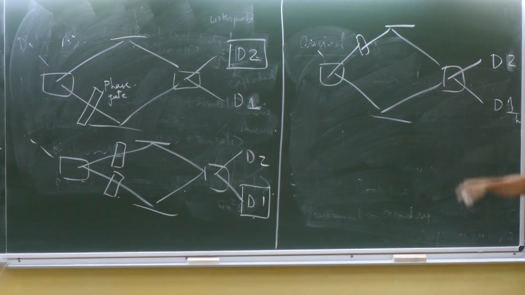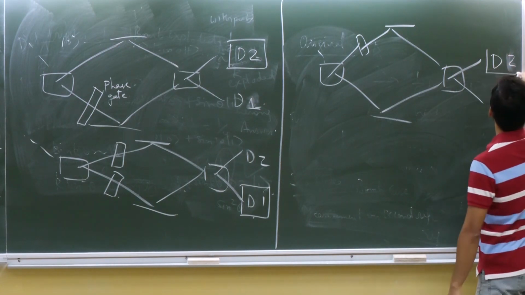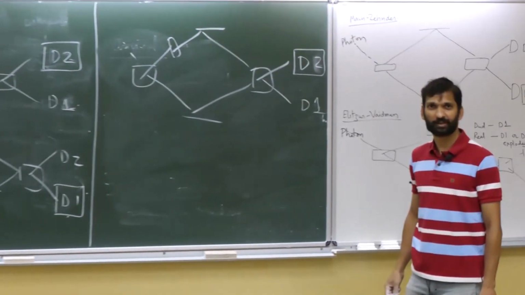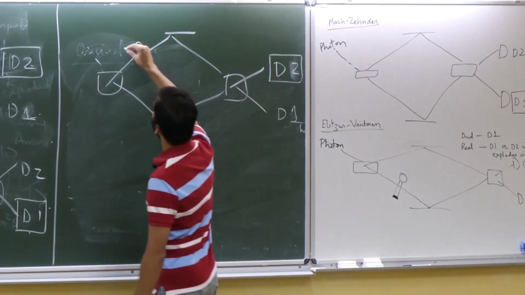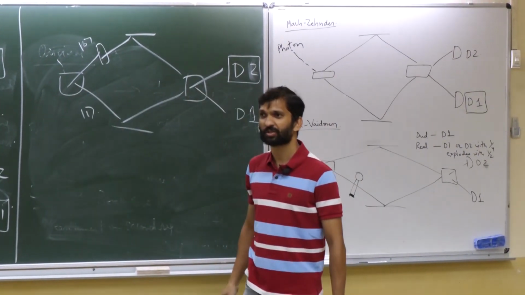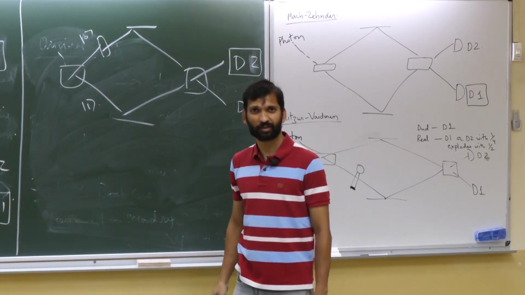I put a phase at the top. Correct? Remember our notation? This was the 0 branch, this was the 1 branch. Okay?